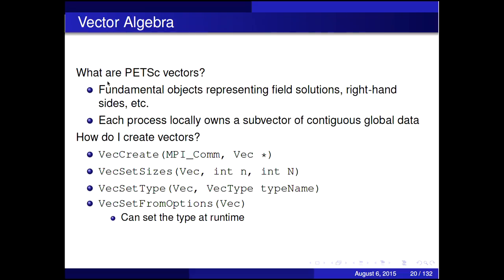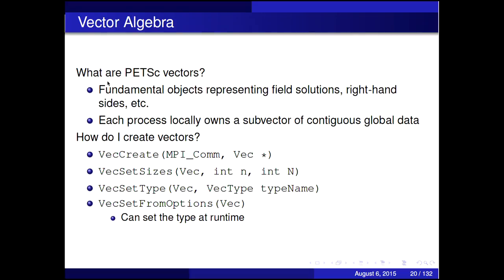So PETSc vectors, as I already said, are used for storing solutions, right-hand sides, and so forth. How do you create vectors? Well, like all PETSc objects, you create a vector by passing in a communicator, and it gives you back this abstract vector object, vec. Then you can indicate things like the size of your vector.